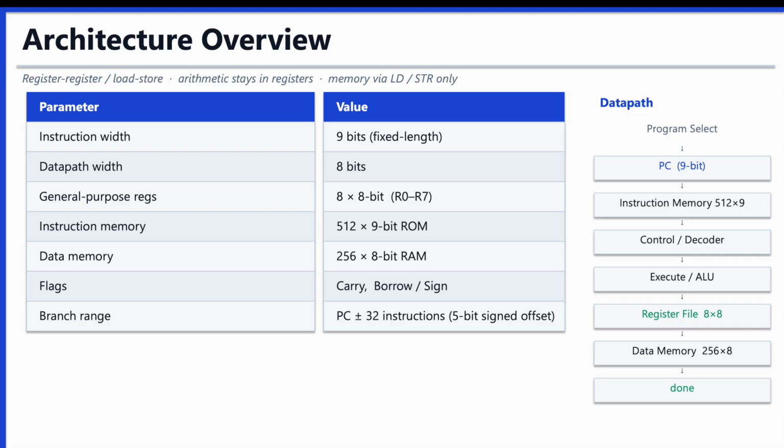Another thing, our data path width is also very small. As you can see, our data path size is 8 bits, so is our register data size, and our data memory size, all 8 bits. Now, the key thing here is that our programs actually support working with numbers that are 16 bits rather than 8 bits.